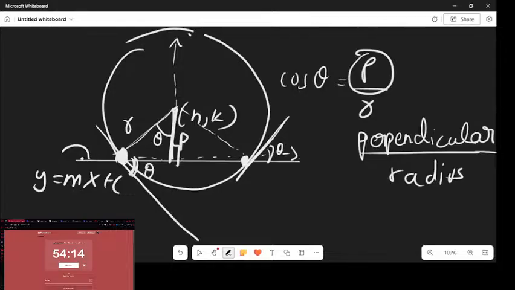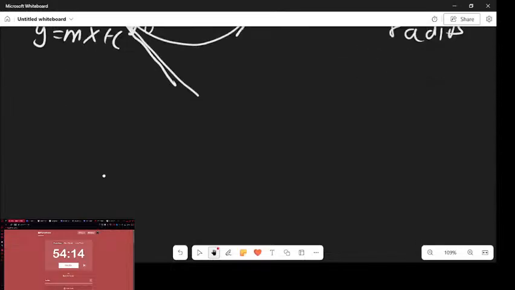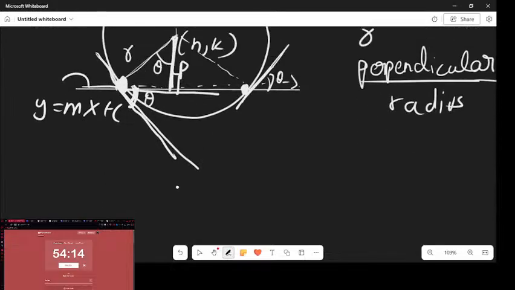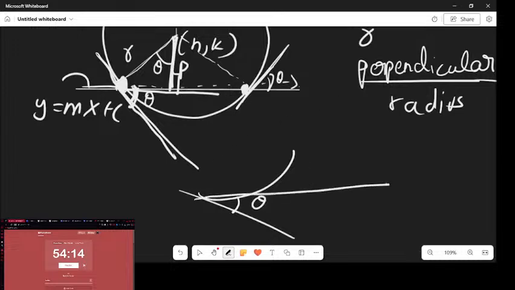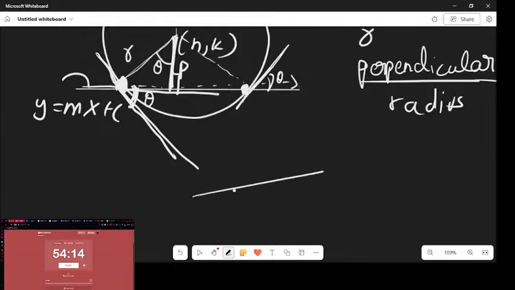Here, the angle we get between this tangent and this line is nothing but the angle between the line and the circle. Don't get confused, it's not this angle, it's like this.